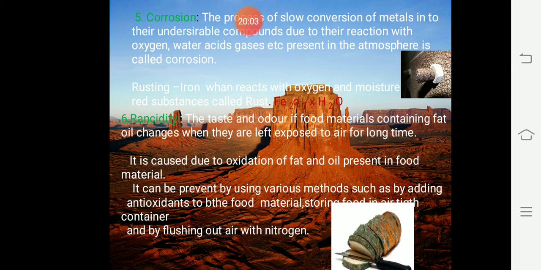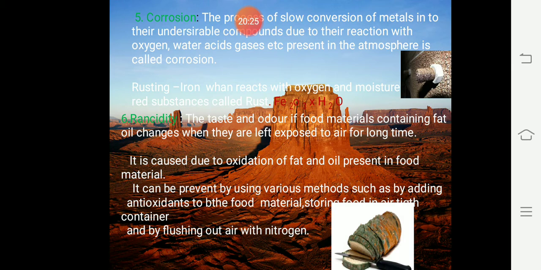Why is it caused? It is caused due to oxidation of the fat and oil present in the food material. And how do we prevent this?